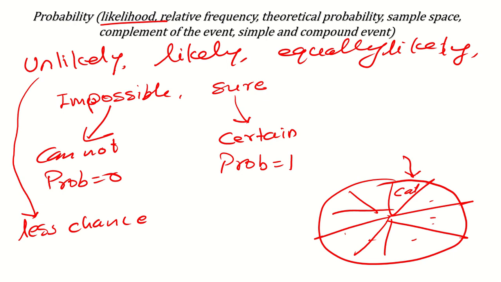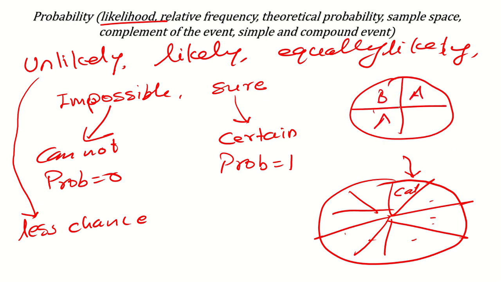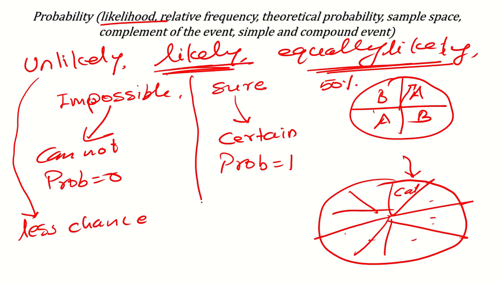Another example: if you have only 4 sections, one here A, another A, this is B, this is B. What are the chances that the spinner will land on A? It will be equally likely. Equally likely means 50% chance, half: maybe it happens or maybe not. Then likely means more likely, chances are more.